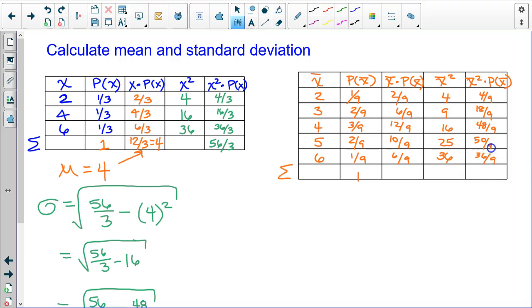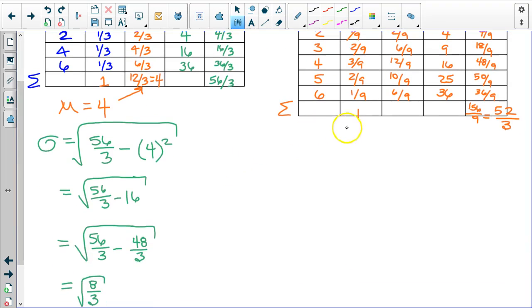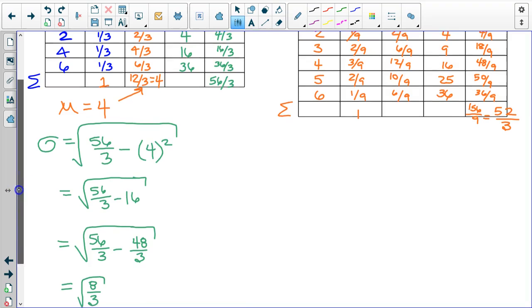So when you add all those together, did you get 156 over 9? Which does reduce, and you are welcome to reduce it. The first block did, which I think is awesome. So 52 over 3.